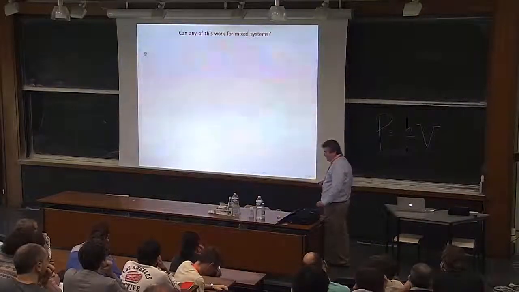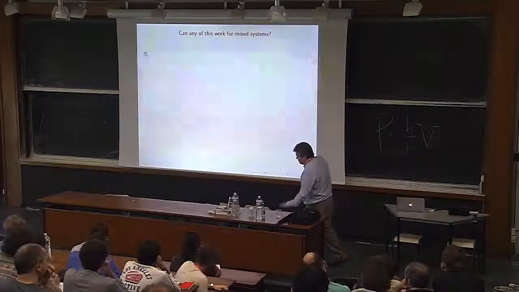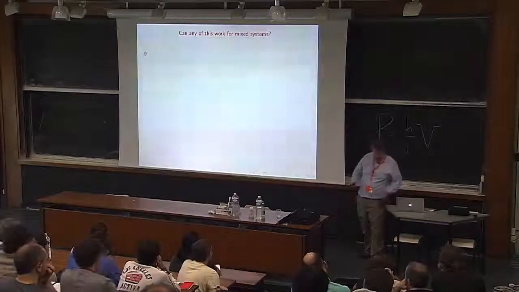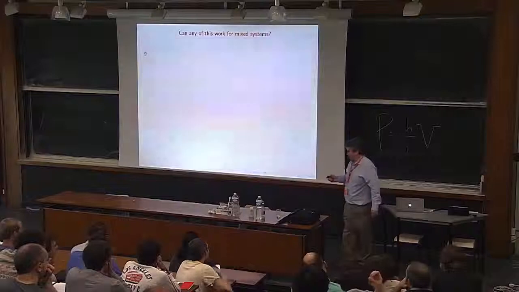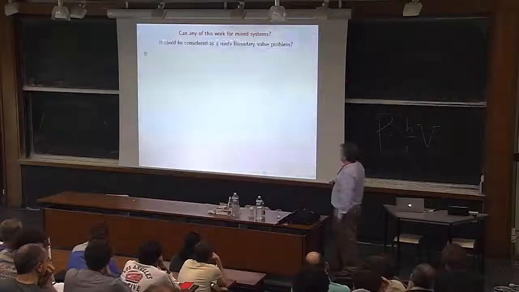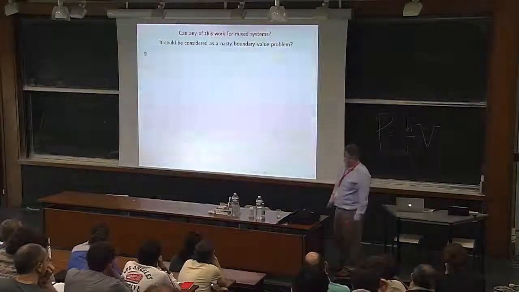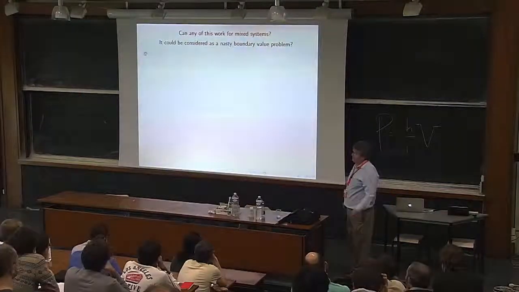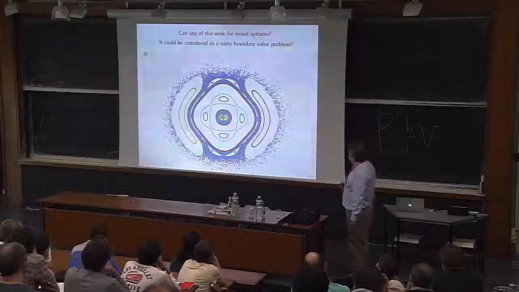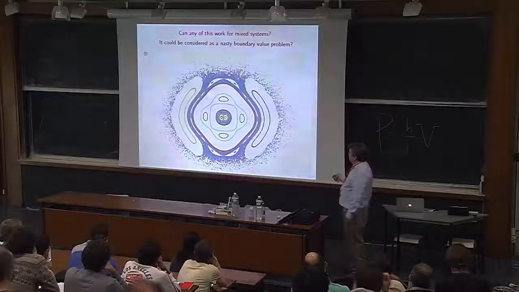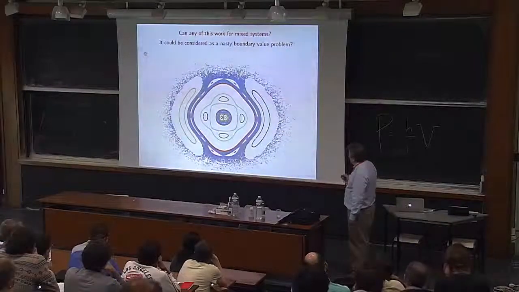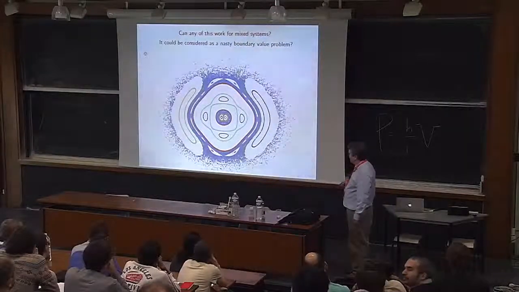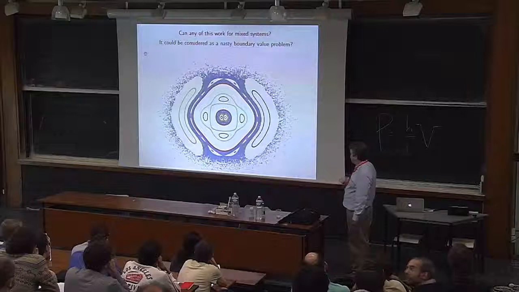I try, and I talk to dynamicists, it's just not clear, unfortunately, and there are very few results, and there are only simple models that have been studied. Because from this sort of microlocal point of view, or PDE point of view, you could consider it as a very nasty boundary value problem. Because let's look again at this Poincaré section. The blue, I have a better MATLAB picture, the conversion to PDF does some nasty things to this picture.